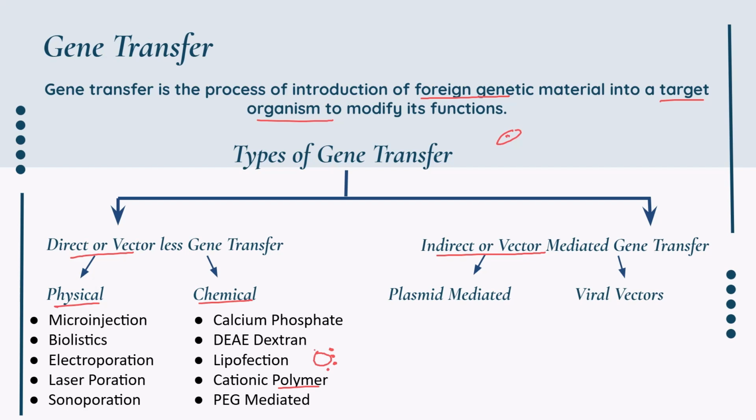So here the lipid molecule may carry the genetic material, right? It can be seen as a vector, but commonly it is classified as a chemical method of gene transfer.